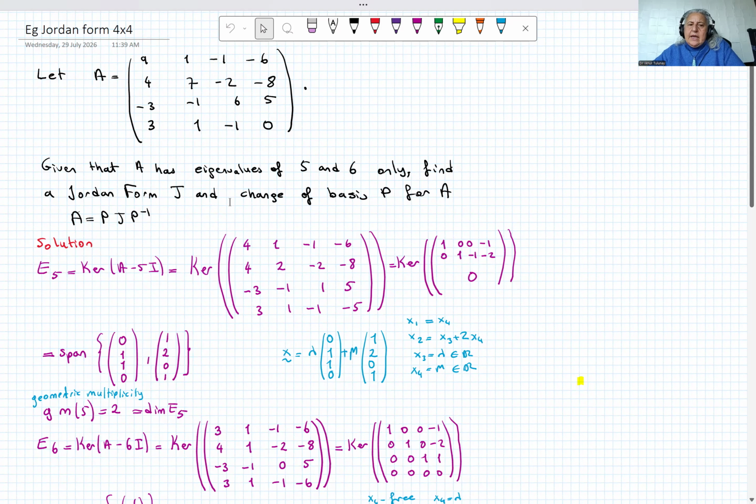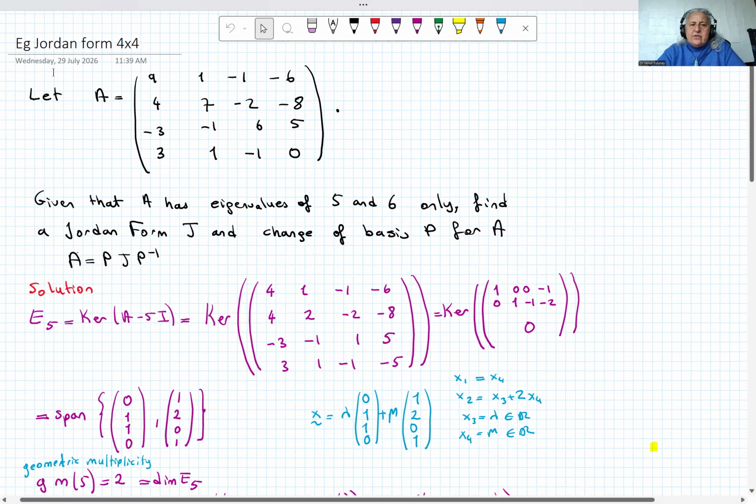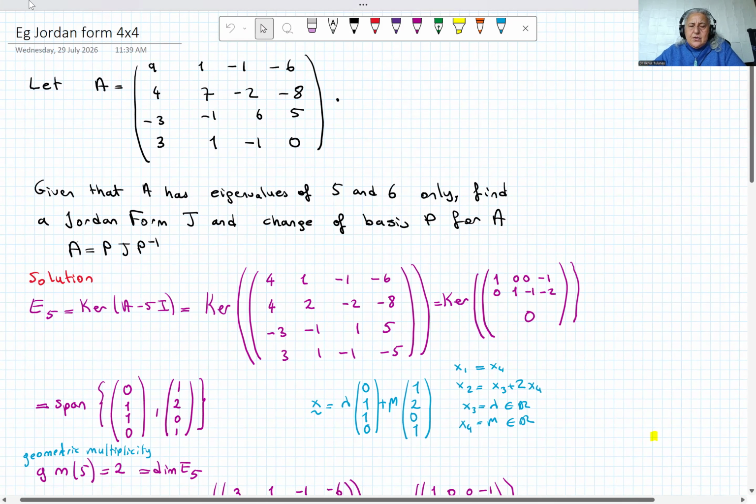Okay, since 5 is an eigenvalue, then E5, the eigenspace corresponding to lambda equal to 5, is the kernel of A minus 5I. So basically you're taking away 5 on the diagonals, so that will be 4, that will be 2, that will be 1, that will be minus 5. So that's what's on the diagonal.